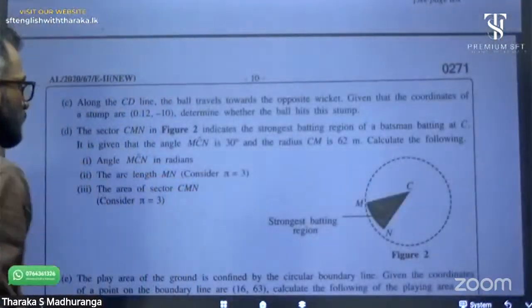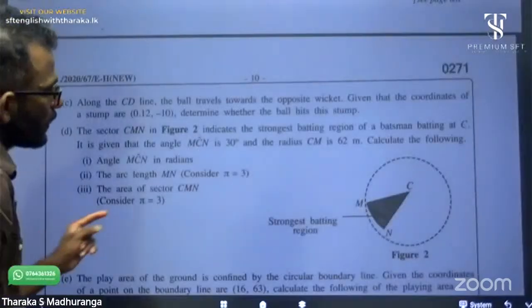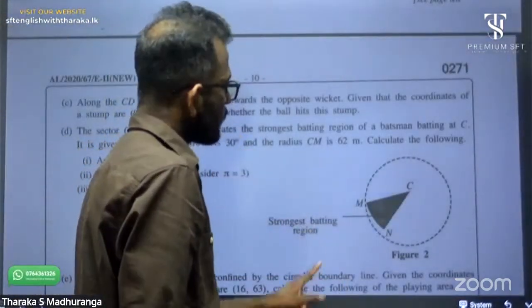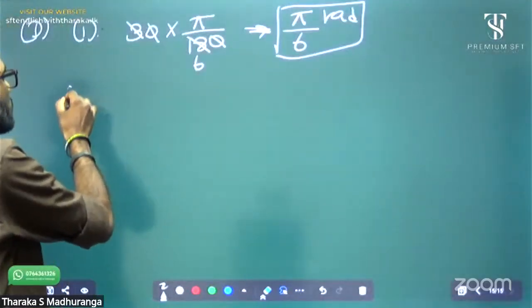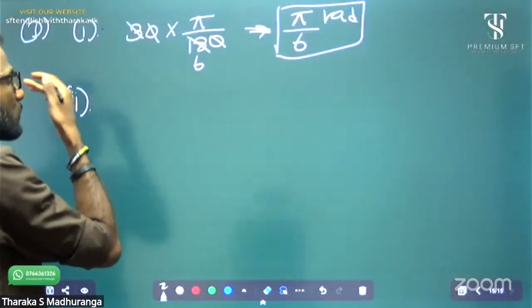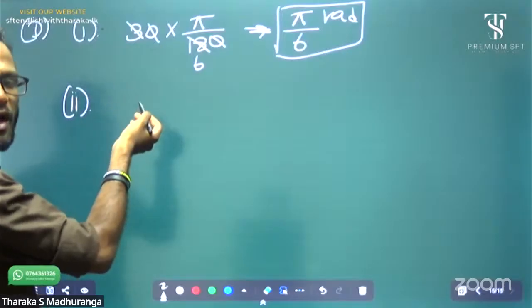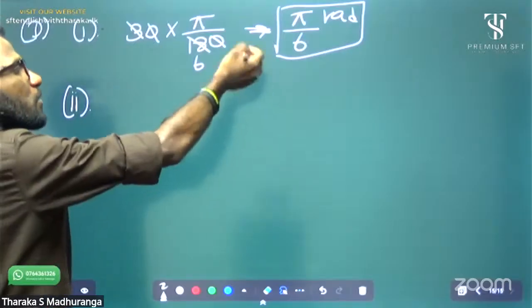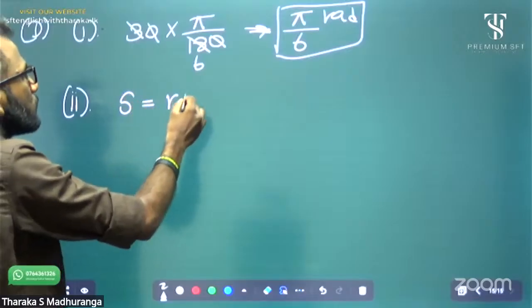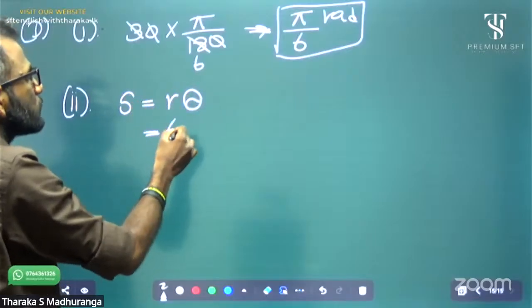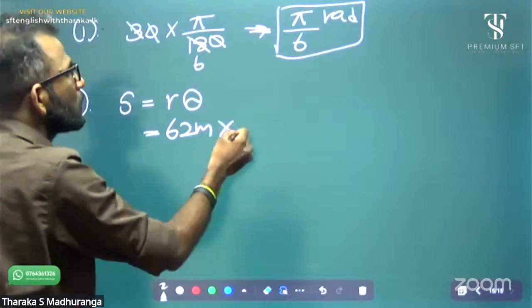Second one, the arc length, MN arc length. Okay, to calculate arc length, what is the equation? This is area volume, not the coordinate geometry. Arc length. Now you already know the radian angle, then S equals r theta is the best one. The r is 62 meters, it is given.